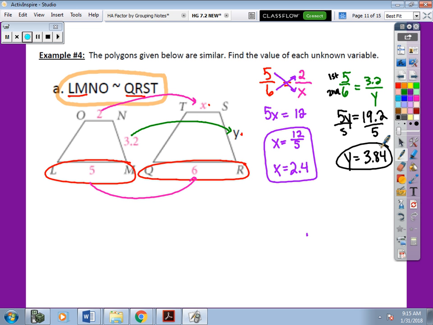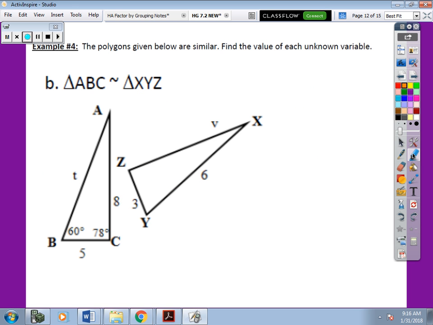See if you guys can try example B. In that one, you're asked to find the values of v and t. In case you're having trouble seeing them, v is located here, which is this side length, and t is located here, which is this side length. Again, use your similarity statement to help you figure out what is corresponding.